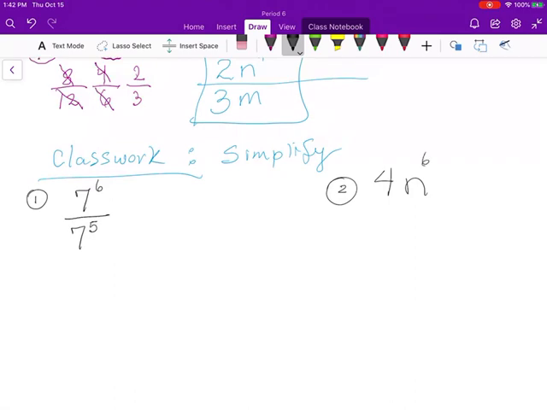Number 2, 4 n to the 6 over 2 n to the 8th. So let's try these two right now, and Miss Alvarez or Miss Cepeda can go over these two questions. So let's take a couple minutes, 2 minutes, 3 minutes to work on these two, and then your teachers can call any of you for participation.